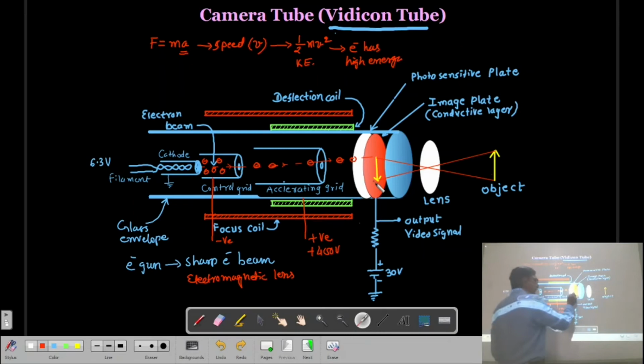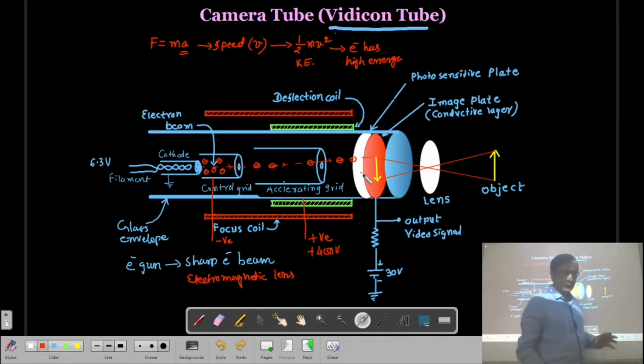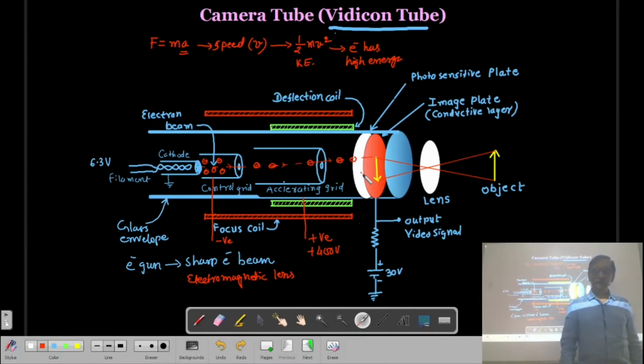The conductive layer is connected with the photosensitive plate. As already mentioned, when light is incident, the resistance of the photosensitive material is going to change.